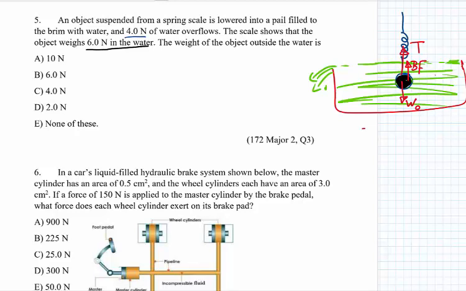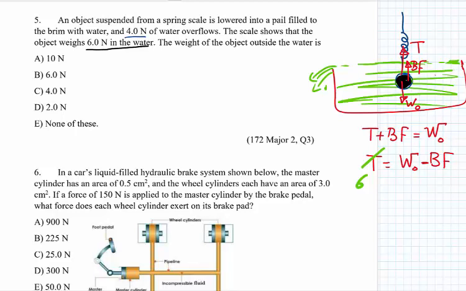So we can say T, the tension, which is the reading of the scale, plus the buoyant force equals the weight of the object. So the reading equals the weight minus the buoyant force. Here the reading was 6 Newton in the water.